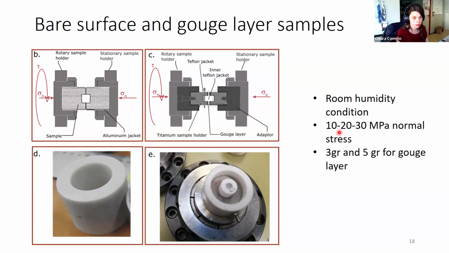And we performed the experiment only under humid conditions, imposing 3 different normal stresses: 10, 20, and 30 MPa. We tested 2 different initial gouge layers, 3 grams and 5 grams, that correspond to more or less 3 millimeters and 4.5 millimeters of thickness of the gouge layer.